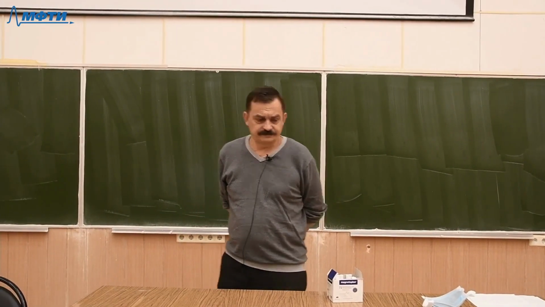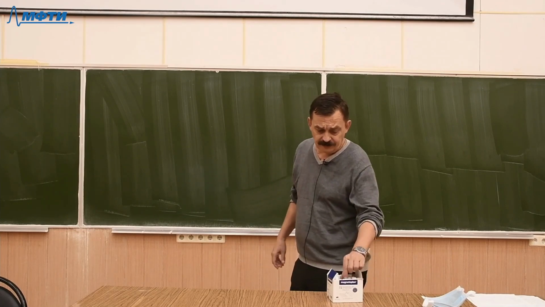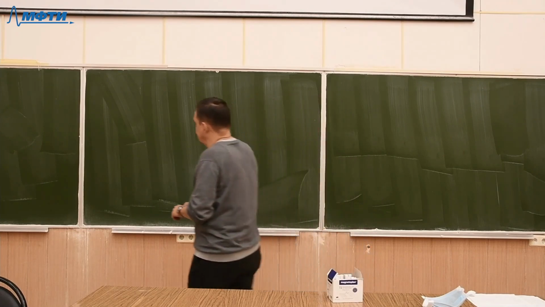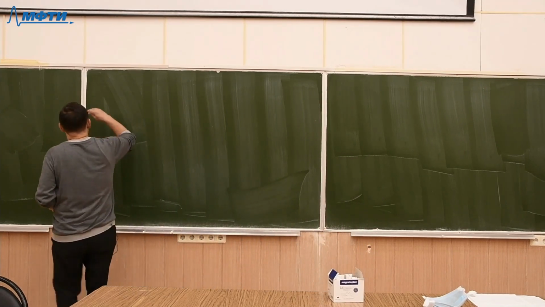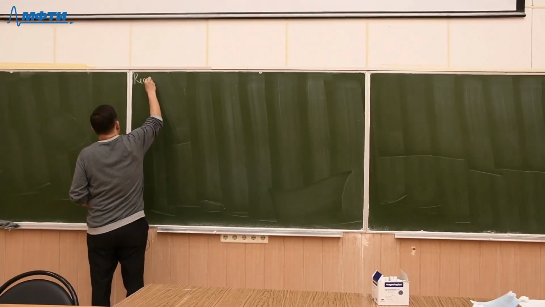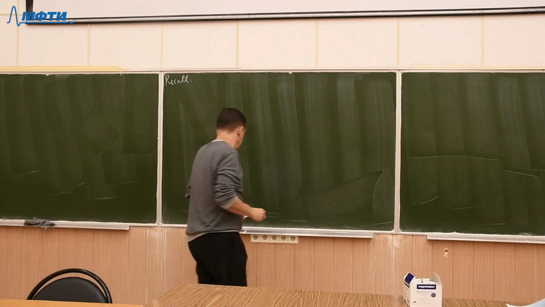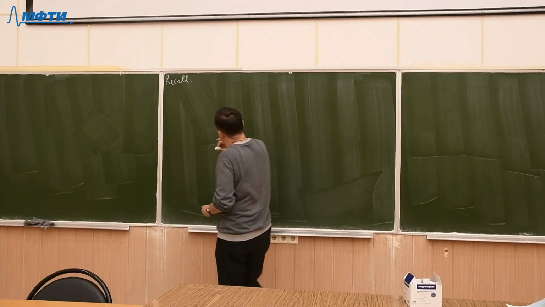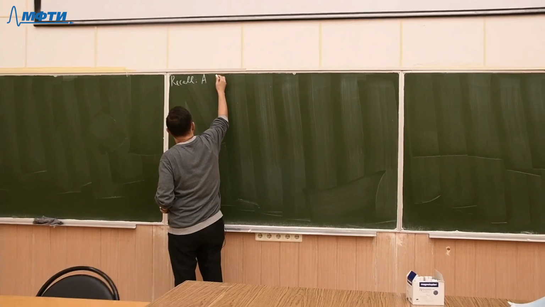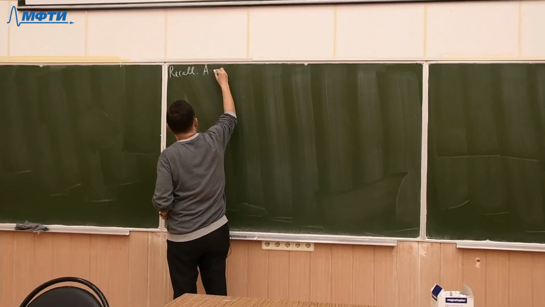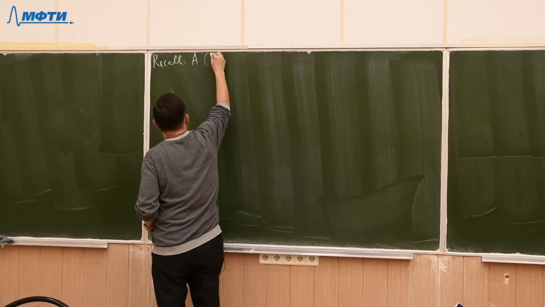We start today's lecture and I would like to begin with recall. Recall what we proved last time. So A is Lebesgue measurable.